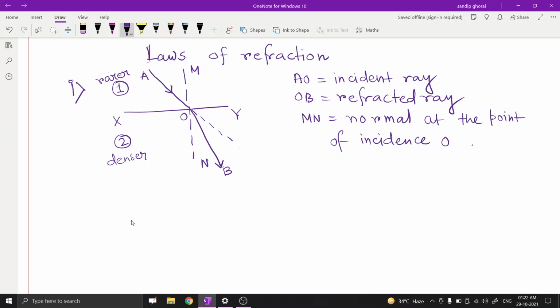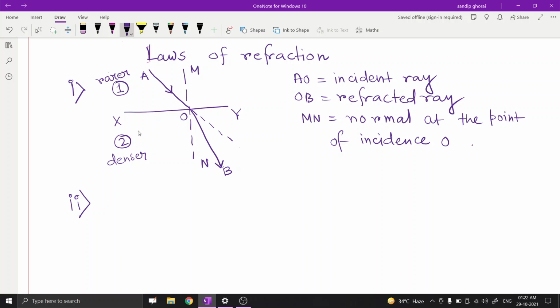And the second law: for a given pair of media of different densities, the ratio of the sine of the angle of incidence to the sine of the angle of refraction is always constant.